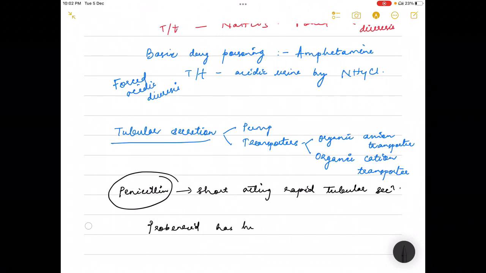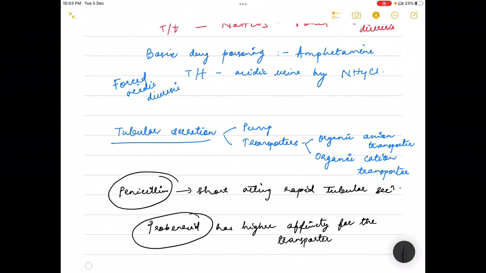So this probenecid competes for the transporter and thus prevents the tubular secretion of penicillin, which makes the penicillin longer acting.